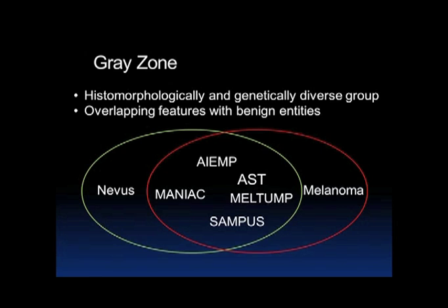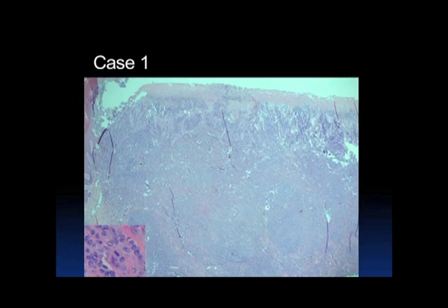So I'm trying to illustrate that when you get a biopsy and you're trying to decide whether it's a benign lesion or melanoma, there has been a large gray zone that has been populated by various researchers in the past with interesting names, such as MANIAC, which is melanocytic acral nevus with intraepidermal ascending cells, atypical intraepithelial melanocytic proliferation, atypical Spitz tumor, melanocytic tumor of unknown malignant potential, and superficial atypical melanocytic tumors.